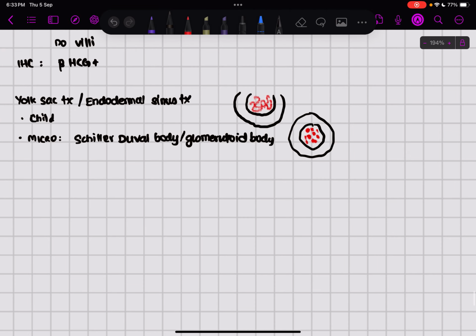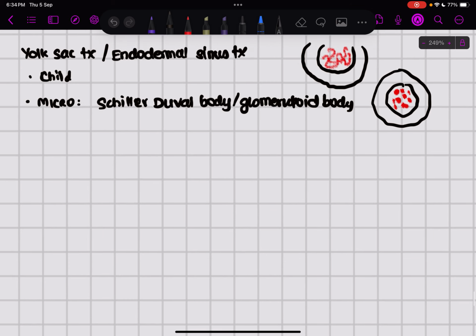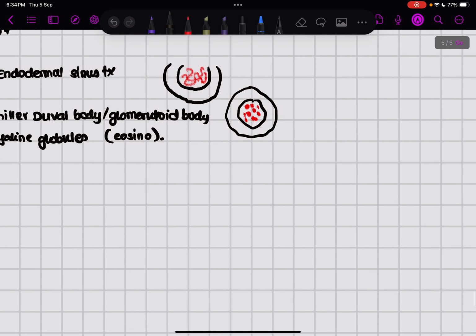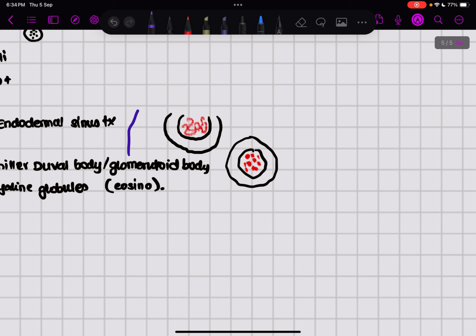It looks like a glomerulus, right? So it is also named glomeruloid body and also contains hyaline globules, which are eosinophilic. Now, these Schiller-Duval bodies are also seen in glioblastoma multiforme, that is a neural tumor.